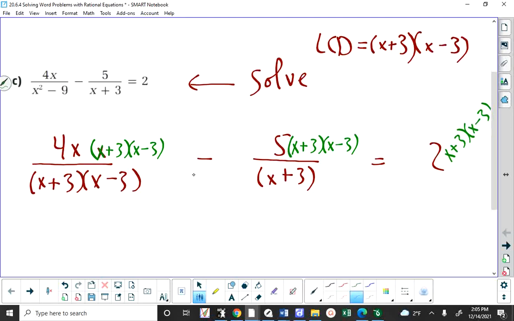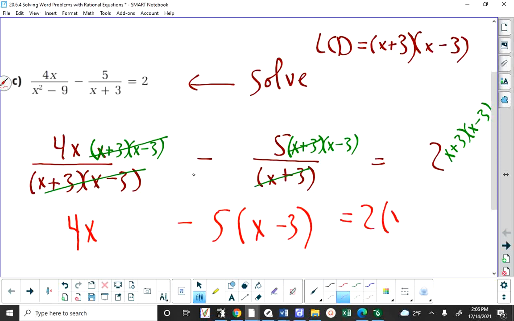And what happens here is all of these cancel, this cancels, and you're left with 4x minus 5 times x minus 3 equals 2 times x plus 3 times x minus 3. And I'm not going to solve that equation. You would expand it all out, probably realize that it's quadratic, so zero the equation and factor it, hopefully, to get a solution. So it's important that you not confuse adding and subtracting rational expressions with solving rational equations.